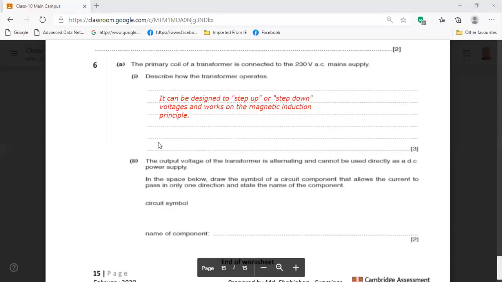Did you see the mark scheme? Are you checking the mark scheme? Are you going through the mark scheme? Mark scheme তো equation নাই। এই ওয়ার্কশিটের মার্ক স্কিম আছে? এই নাম্বার 6 এর mark scheme নাই। Till 5 is there, right?